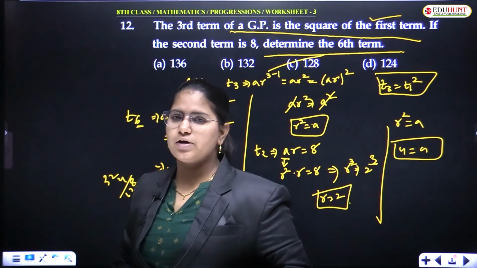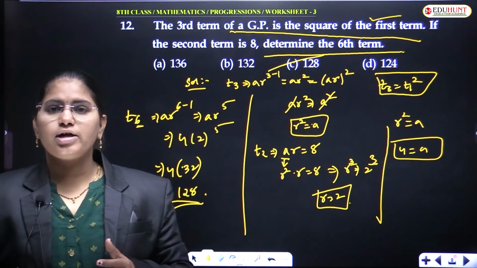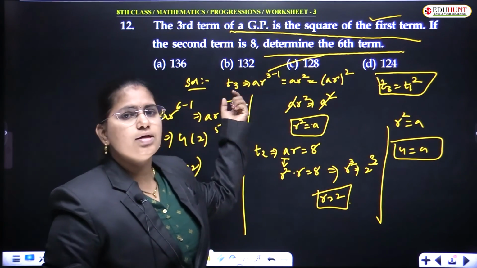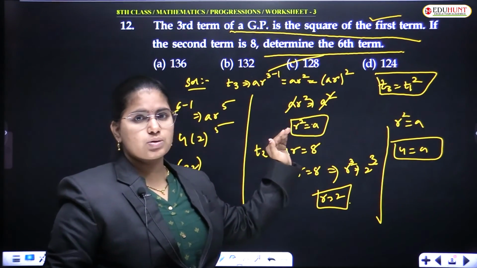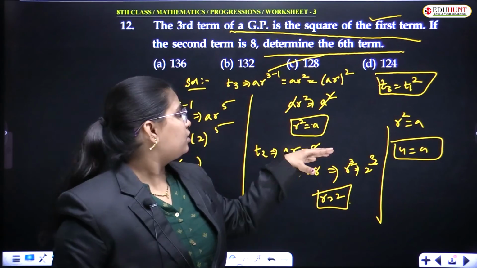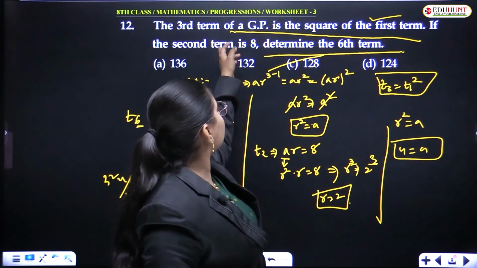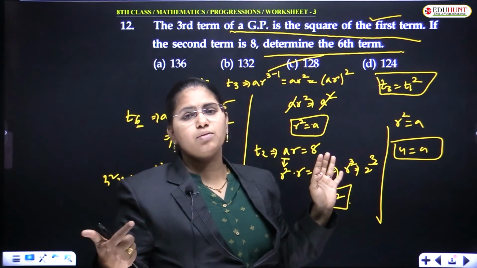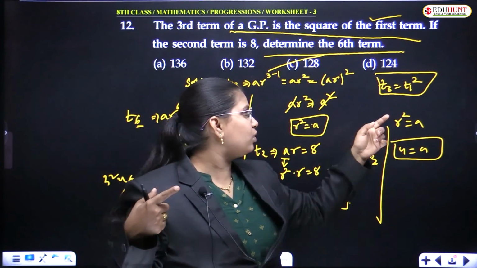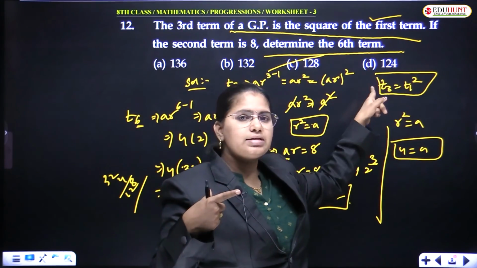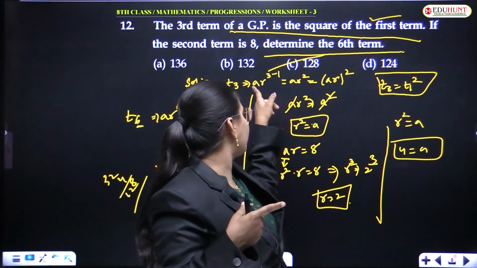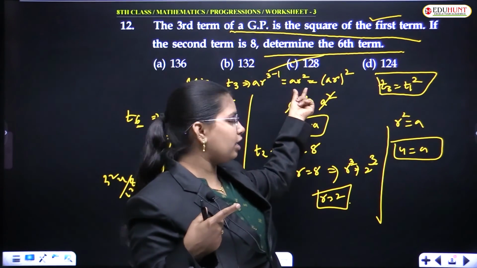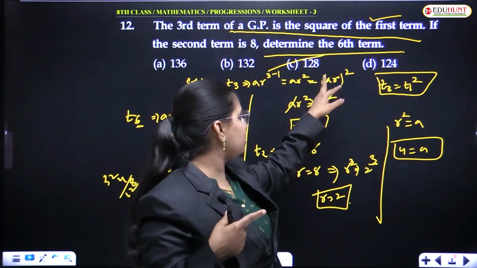Okay. Please have a glance at the problem and what I have discussed in this question. It's a good question actually. See what they have given: the third term of a GP is the square of the first term. The third term of the GP, T3 is equal to T1 square. Basically T3 is represented as AR to the power of 3 minus 1, which is AR square, is equal to A square.